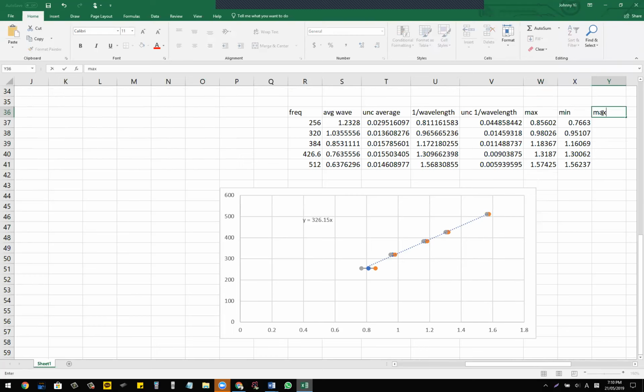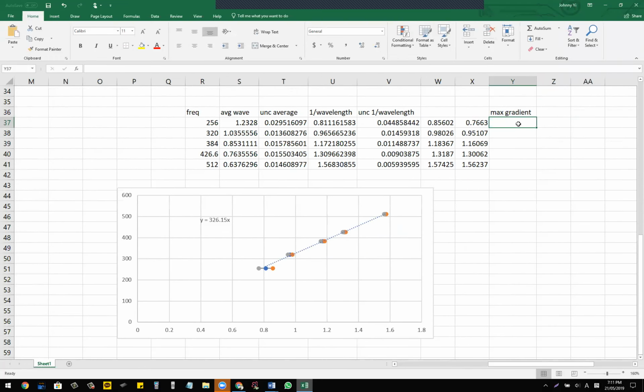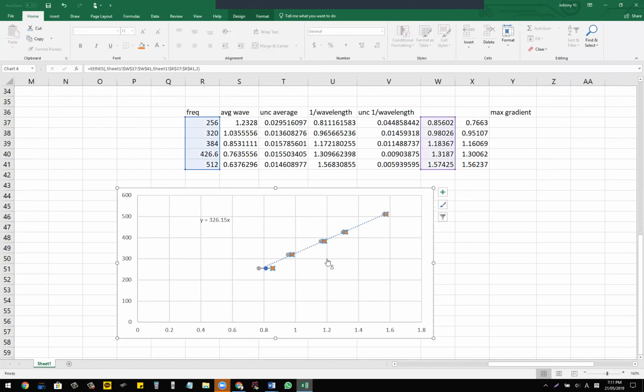So for maximum gradient, this is not really max min. For maximum gradient, I'm going to actually get rid of these, the orange and gray.